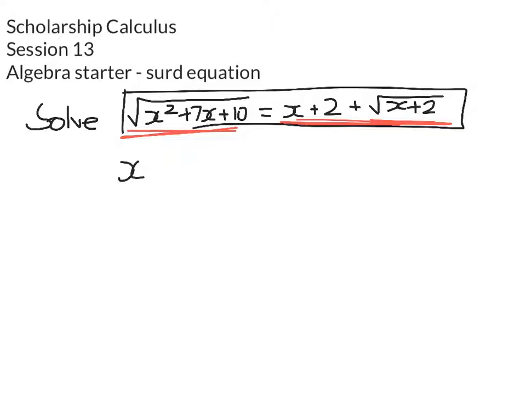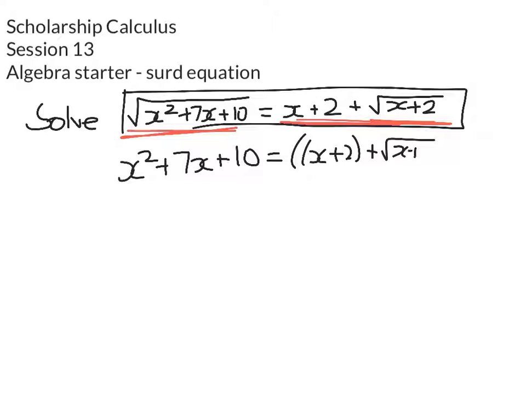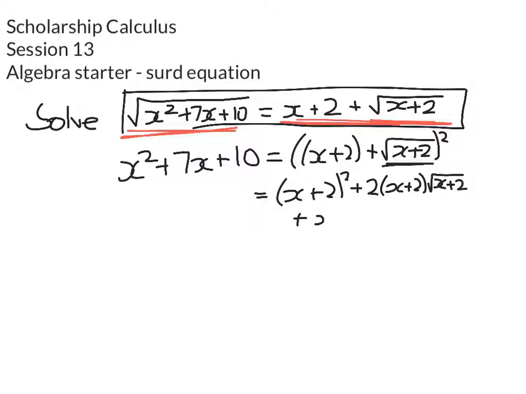So squaring the left side, we get x squared plus 7x plus 10. Now squaring the right hand side, I end up with (x plus 2) squared plus 2 times (x plus 2) root (x plus 2), and when I square this term I get x plus 2.